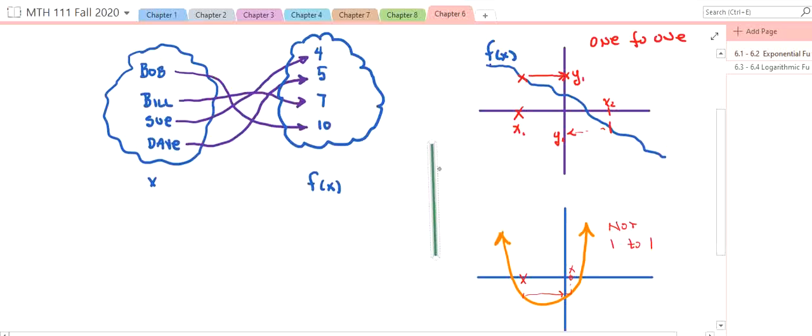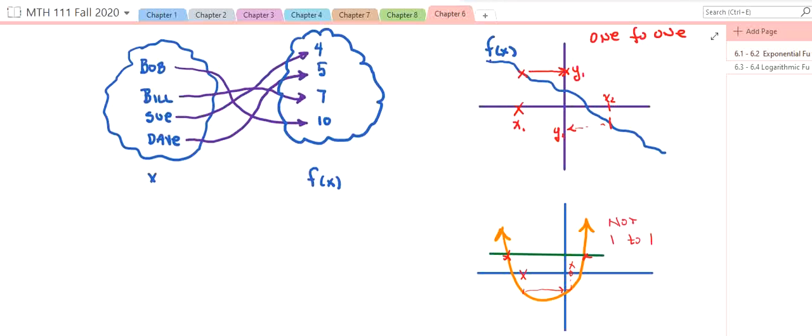Well, to determine if it's one-to-one, you have what you call the horizontal line test. In the horizontal line test, if you cross the function only once with a horizontal line, it's one-to-one. But if you look down here, you can see that this horizontal line crosses the function twice, so it's not one-to-one. Quick and dirty little horizontal line test.